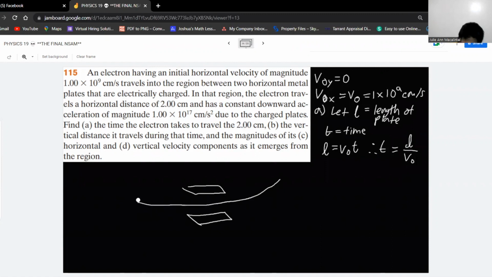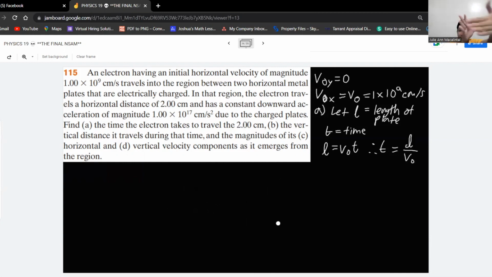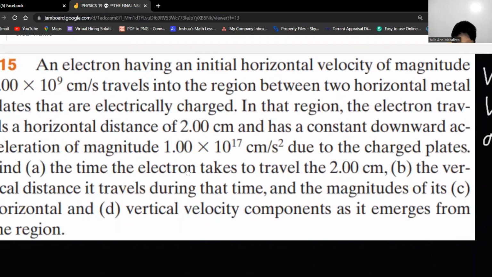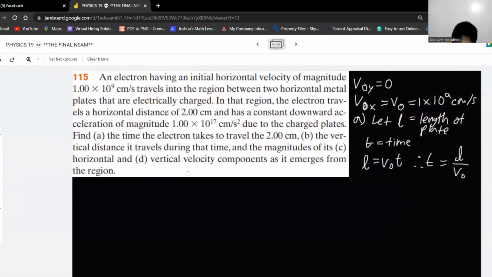So it's like the experiment where they discover the charge of the alpha, beta, gamma. Yan yung mga ginagamit din for mass spectroscopy. The magnet will bend the electron, or whatever charged particle. Pero dito, electric field yung ginamit.